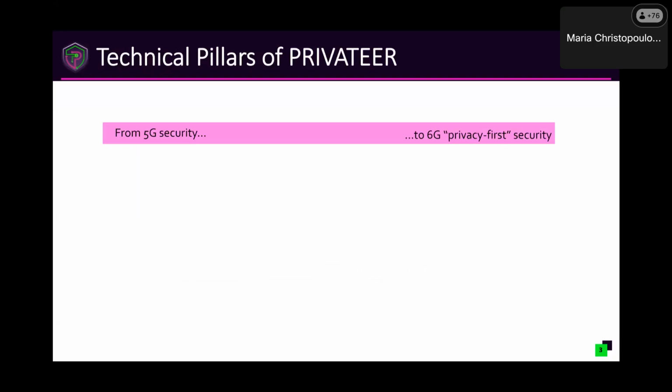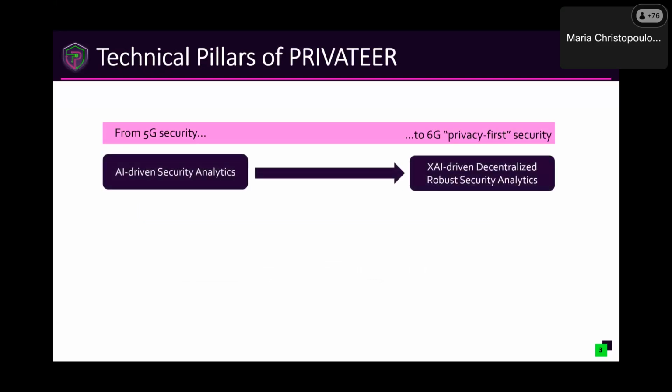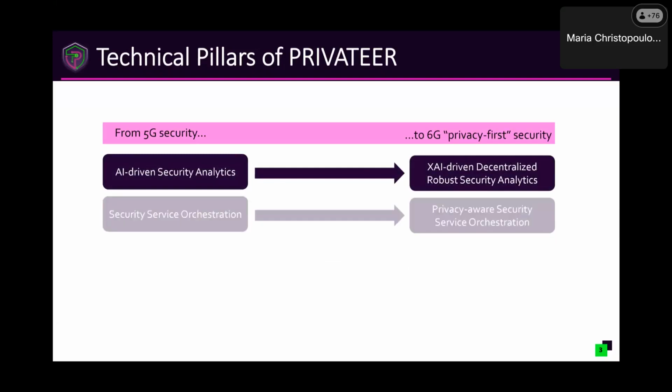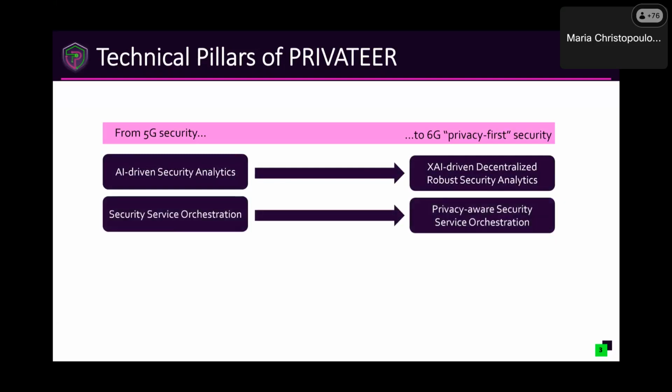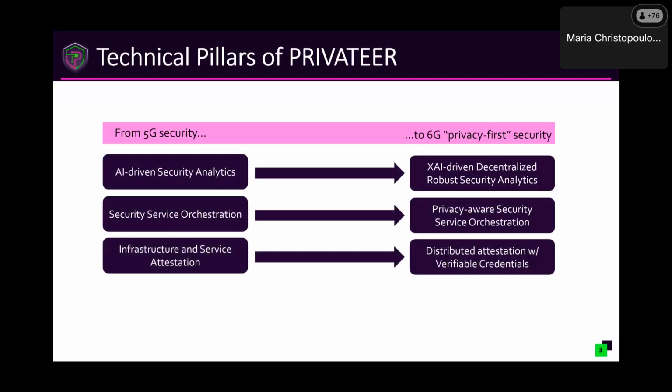Now, the technical pillars of Privateer include AI-driven security analytics populated with explainability and federated learning schemes. Next, we have security service orchestration, which is being populated with privacy awareness. We also focus on attestation, essentially remote attestation of infrastructure and services.